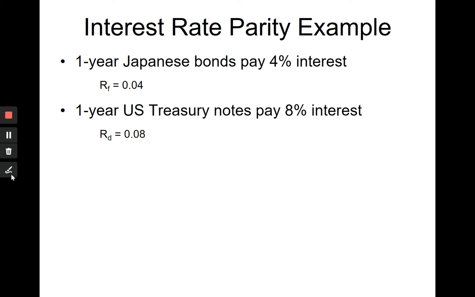Discount, as the word implies, means the price of the bond is less than 1,000. As I said before, almost all the bonds we deal with are 1,000 euros, $1,000. So when the price of a bond in the marketplace is less than 1,000, we call it a discount bond. When the price is more than 1,000, we call it a premium bond.